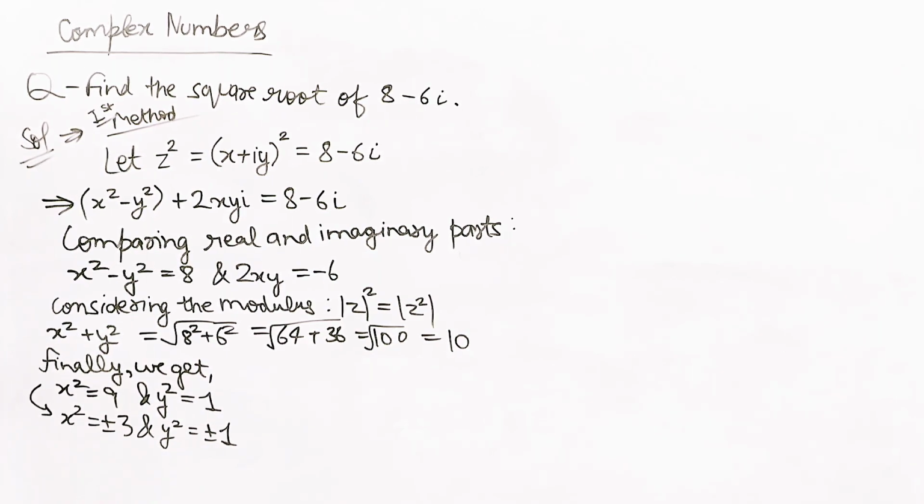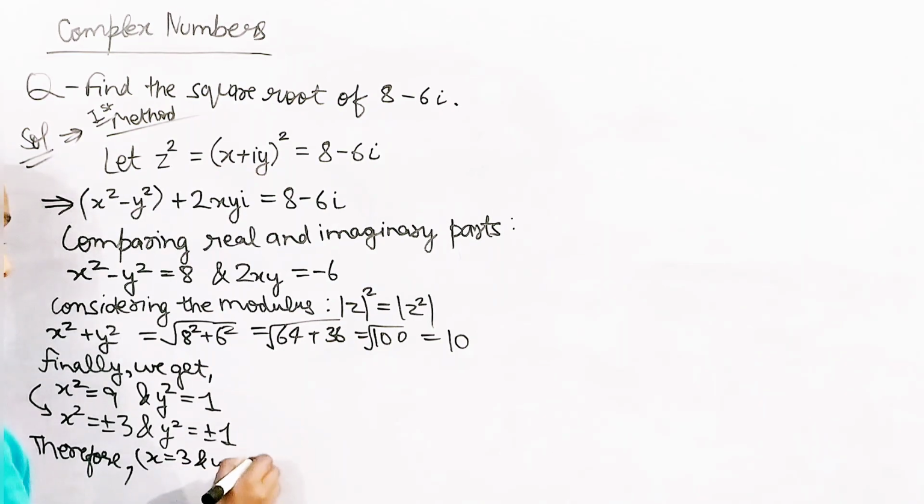So from the 2 equations, x and y are of opposite sign, right? From these, x and y are of opposite sign. Therefore, I can say that x is equal to 3 and y is equal to -1.